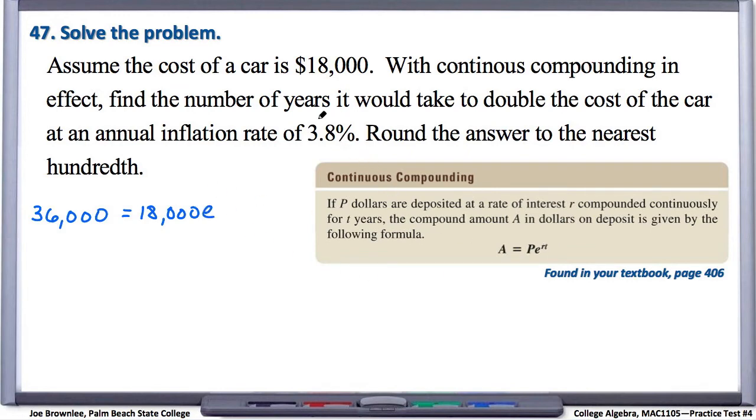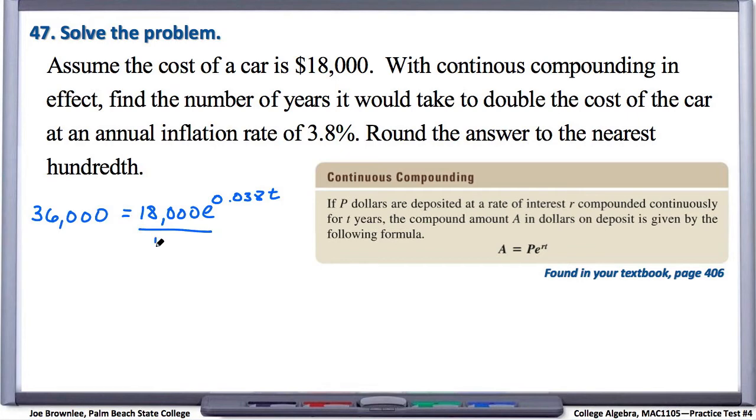Well, r is the inflation rate, 3.8%, but we have to write 3.8% in decimal form, so we'll have 0.038 times t, time, which is what we're solving for. So here we have it, 36,000 equals 18,000 times e to the 0.038t. Fair enough.